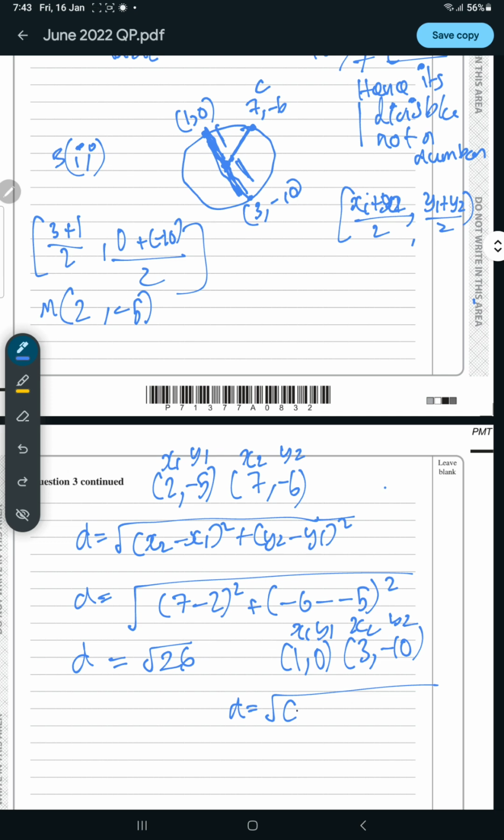So (3 minus 1) squared plus (-10 minus 0) squared is giving us a distance of 2 root 26.